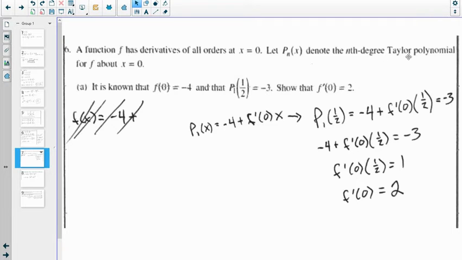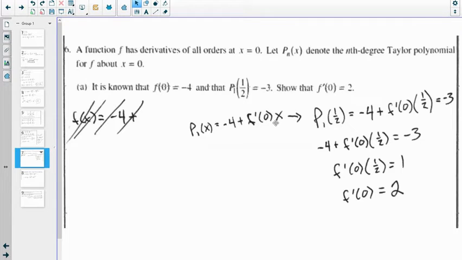Now, this is an nth degree Taylor polynomial centered at x equals 0. And so you see, I actually even started writing something down here, and then I decided that I should go with the general form. The first degree Taylor polynomial is the value of the function at that point plus the first derivative times x.